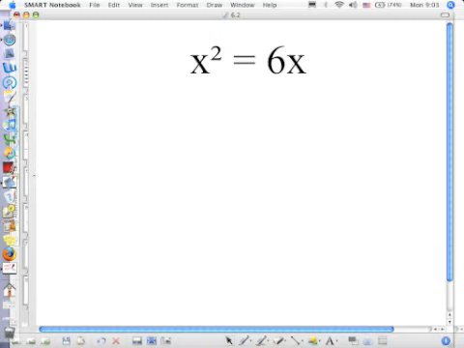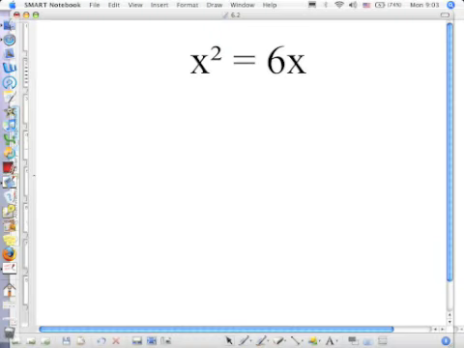Now let's just jump into it. This is a quadratic equation. What makes it a quadratic equation is the fact that there's an x squared term. I think we did this one Friday too, but we're going to do it again. There are three steps in the lesson we're learning today to solving a quadratic equation. Write them down. Step 1, set the equation equal to 0.